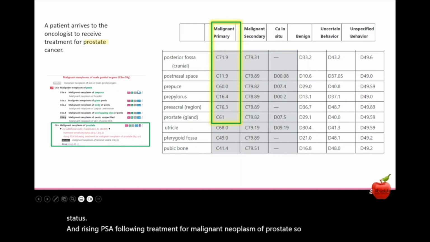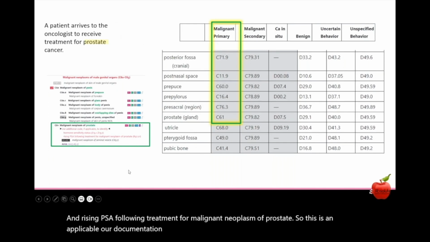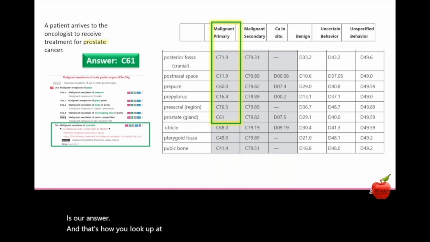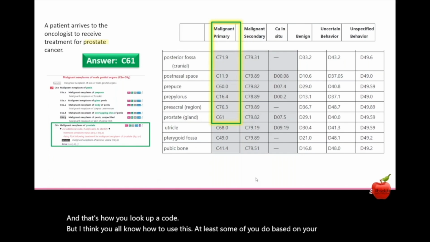So this isn't applicable. Our documentation was very brief. Therefore, C61 is our answer. And that's how you look up a code. But I think you all know how to use this, at least some of you do, based on your answers.